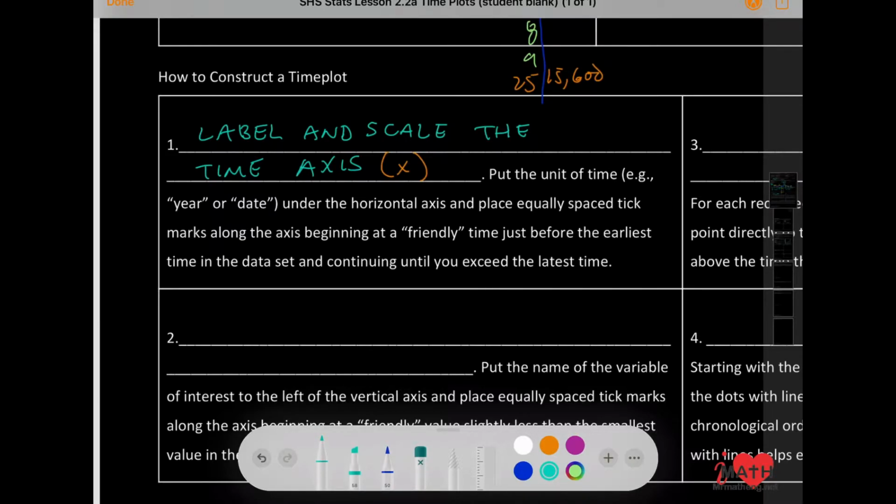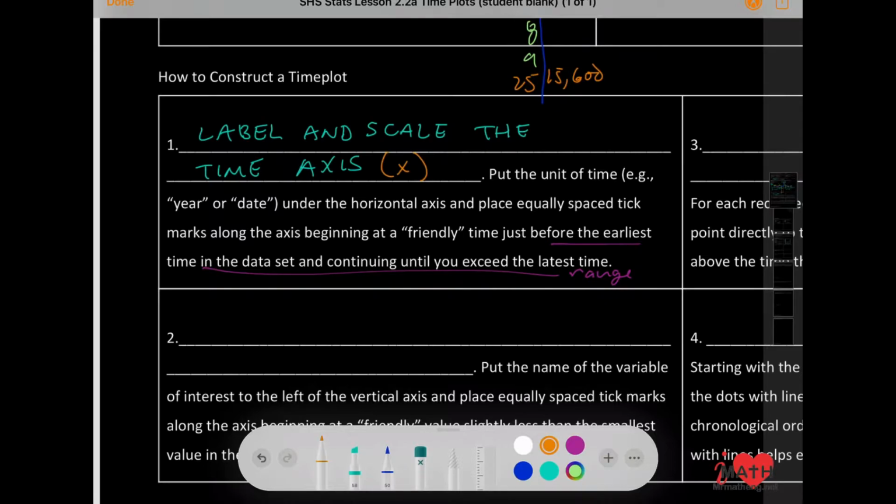You're going to put the unit of time, whether it's year or date, under the horizontal axis, and place equally spaced tick marks along the x-axis beginning at a friendly time just before the earliest time in the data set and continue until you exceed the latest time. That last part is just talking about the range of the data.